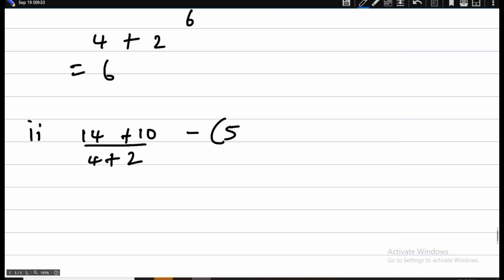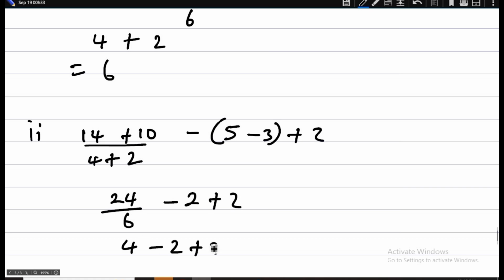So now 14 plus 10 will give us 24 divided by 6, then minus, inside this bracket is 2, 2 times this will give us 2, then plus 2. So we have 24 divided by 6, which will give us 4. So I'm having 4 minus 2 plus 2. But minus 2 plus 2 is gone, so I'm left with just 4. So the answer to that is 4.